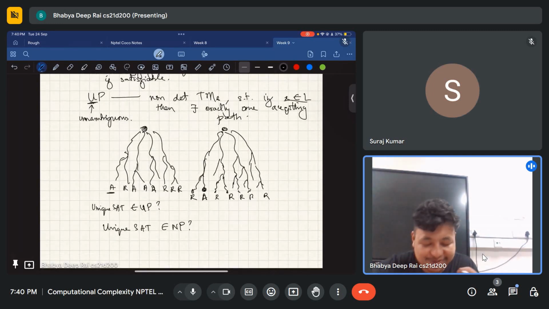Now, question: is unique SAT in NP? I already promised you that this has a unique satisfying assignment if it exists. Then I give the formula phi to you, which has a unique satisfying assignment, maybe, and I ask you to give me an NP algorithm. Is it possible? Yes.